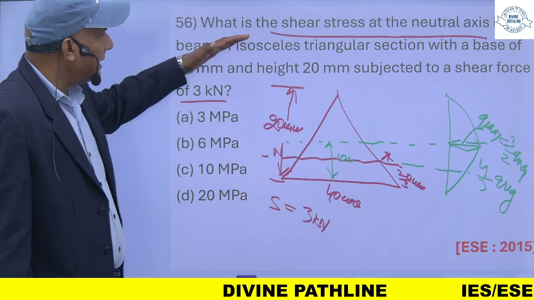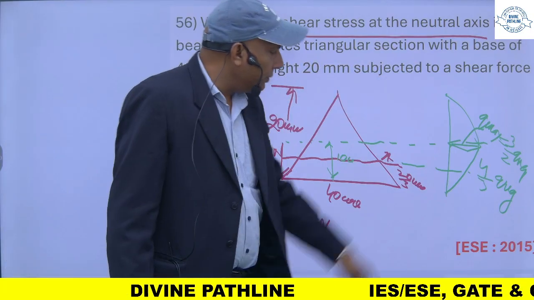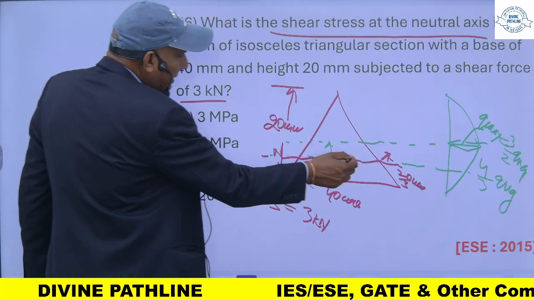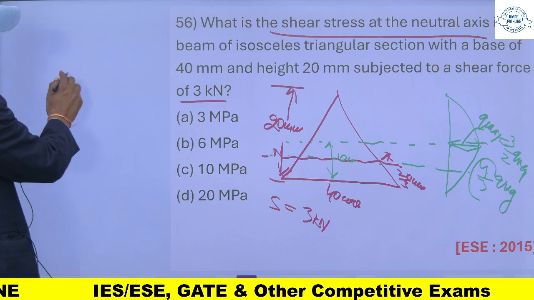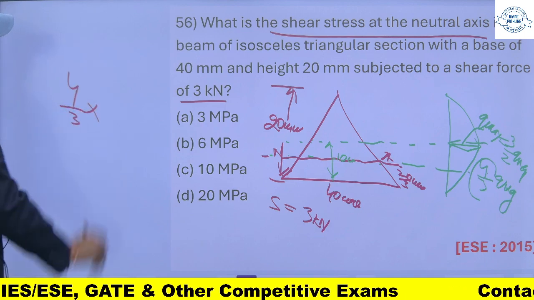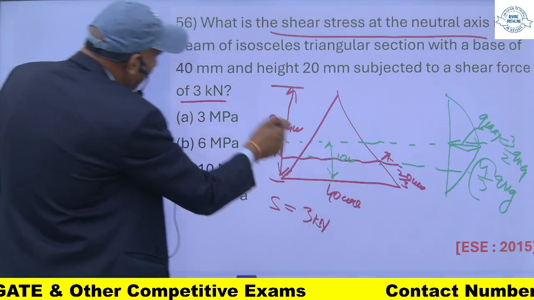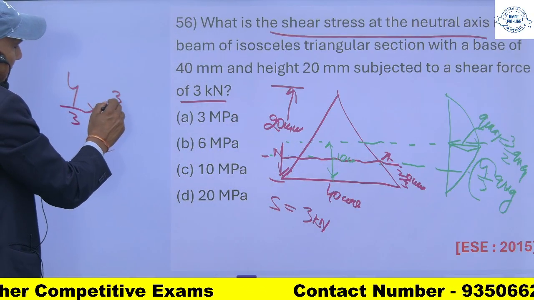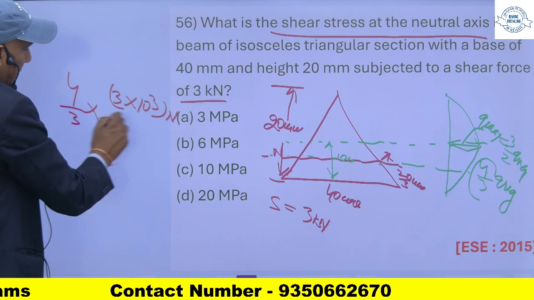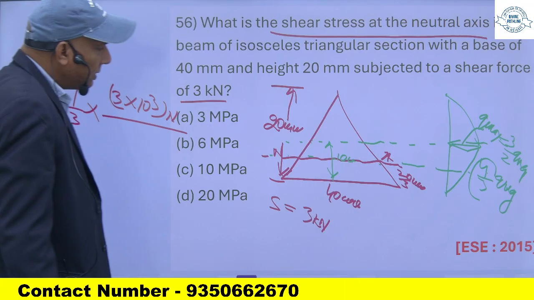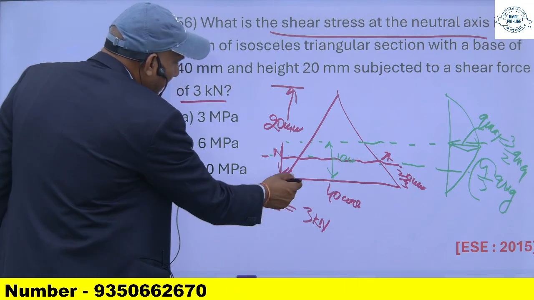But in this question, I have to know the shear stress at the neutral axis. So at the neutral axis, shear stress will be 4 by 3 of Q average. So 4 by 3 of Q average will be shear force upon cross section area. Shear force is this. Now this becomes in Newton. Shear force upon cross section area will be base into height by 2.